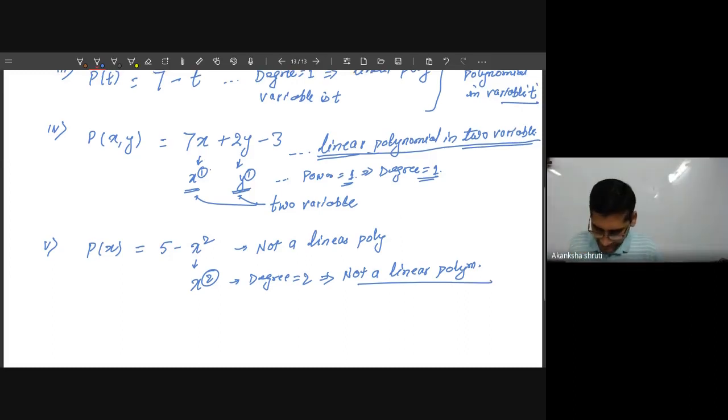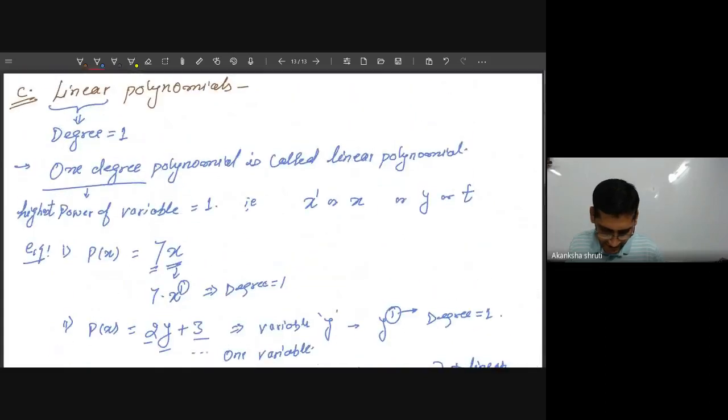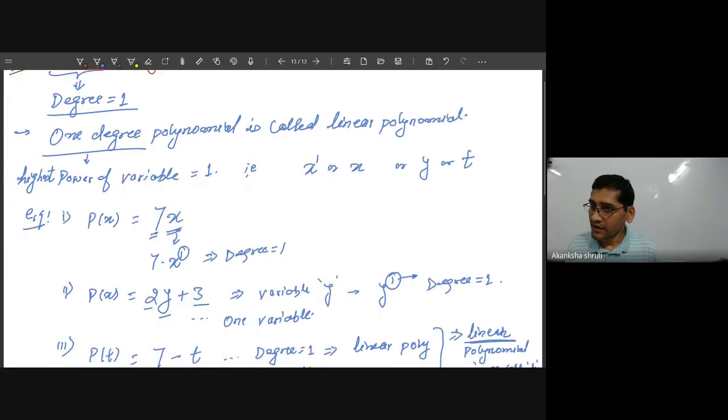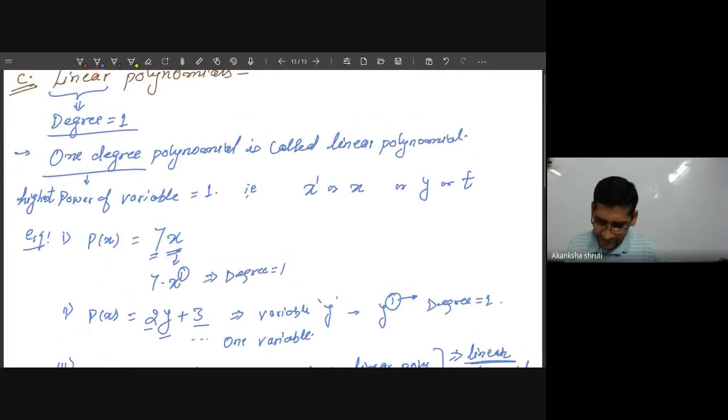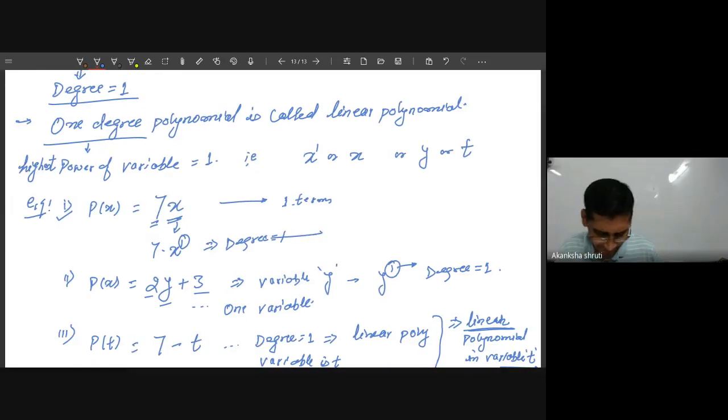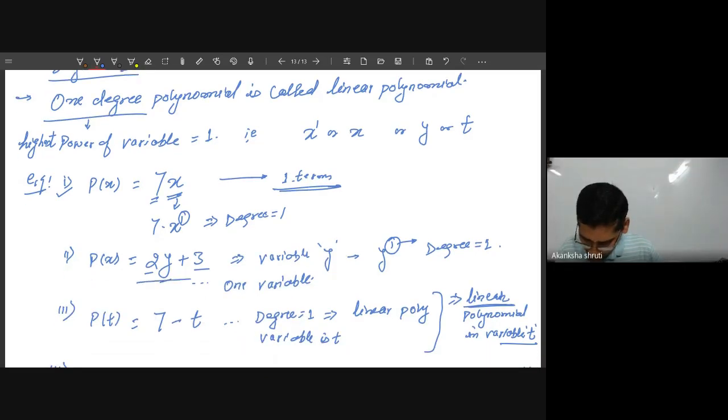So this is how we can identify whether the polynomial is a linear polynomial or not. We have to keep in mind that for a linear polynomial the degree is 1, and how many terms does it contain? In the first example it contains only 1 term. In the second example it contains 2 terms.